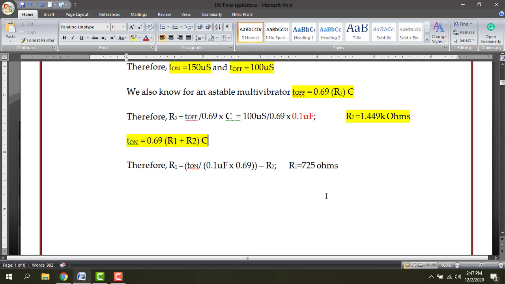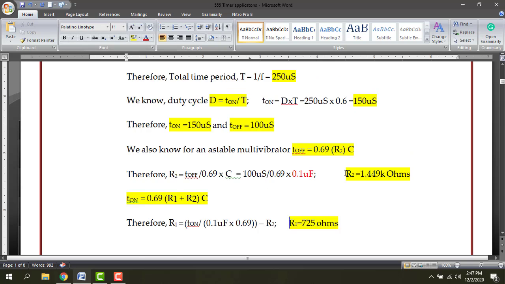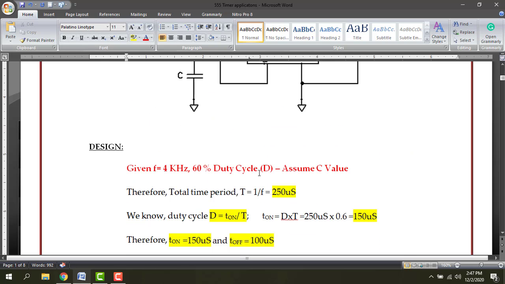In a similar way, T on is equal to 0.69 into R1 plus R2 into C. We already calculated the R2 value, and we assumed the capacitance value as 0.1 microfarad and the T on value is 150 microseconds. So you can calculate the R1 value also. R1 value is 725 ohms. So this is our design for the requirement of 4 kHz and 60% duty cycle.